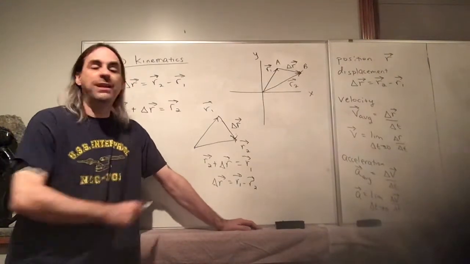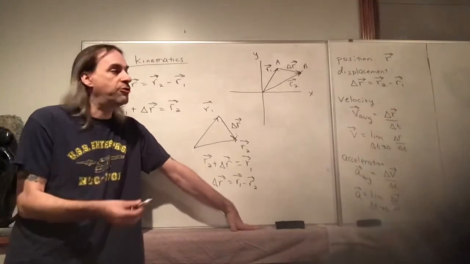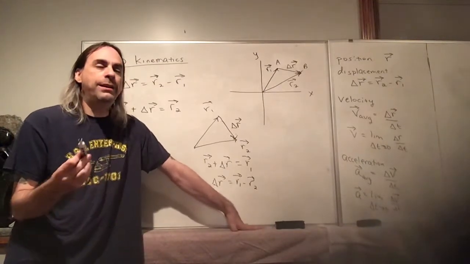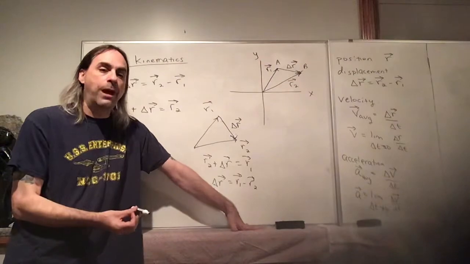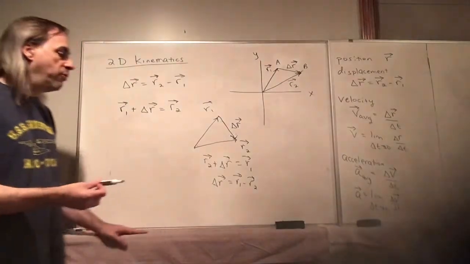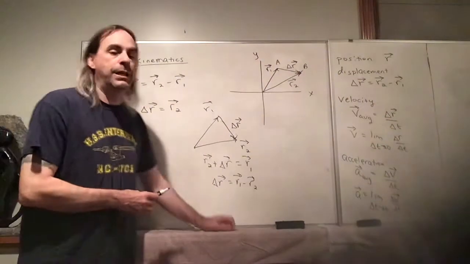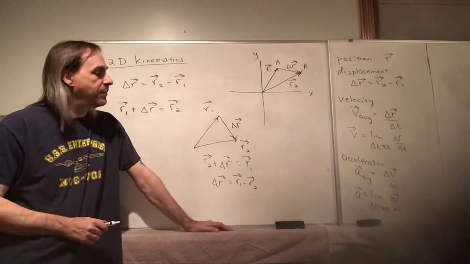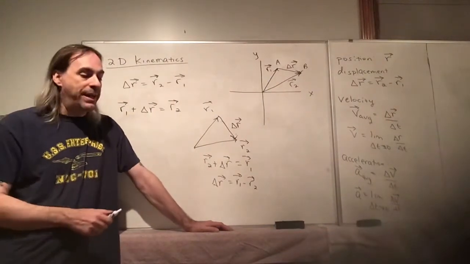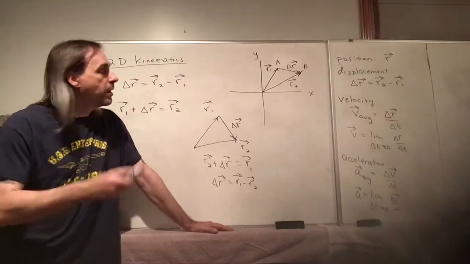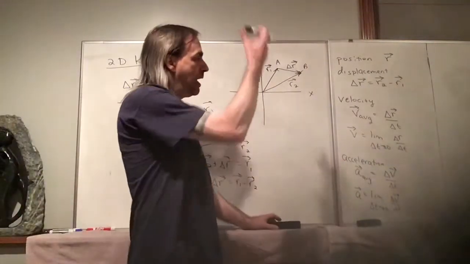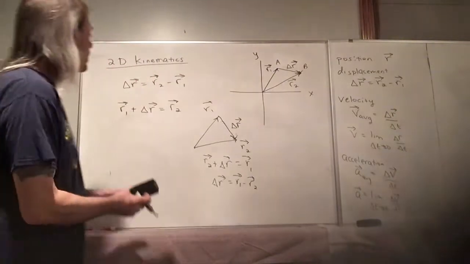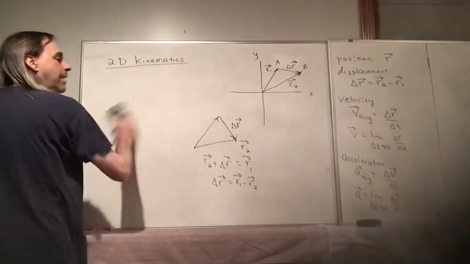And our goal is exactly the same. Given the initial position and velocity, and given a constant acceleration, our goal is to find the position and velocity as functions of time. So we're doing the same thing as in chapter 2. All right, so these are just the basic definitions. And let's get to the actual problem.